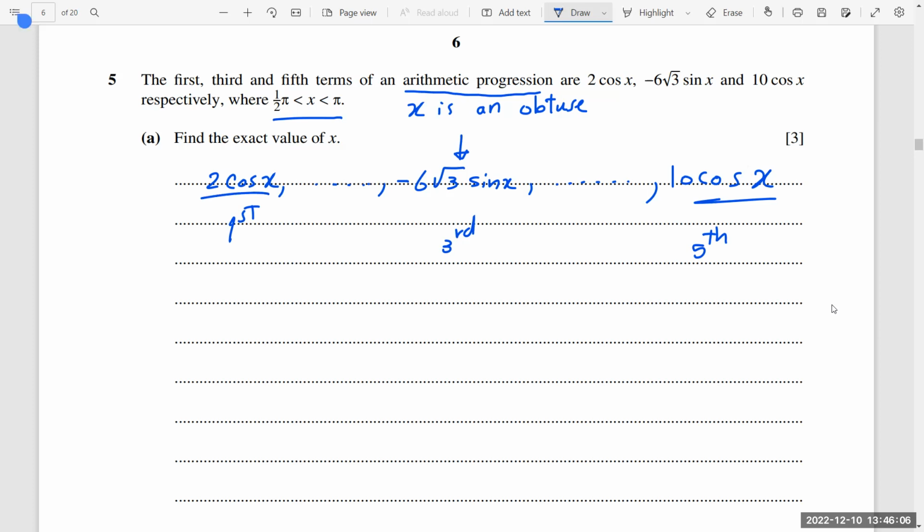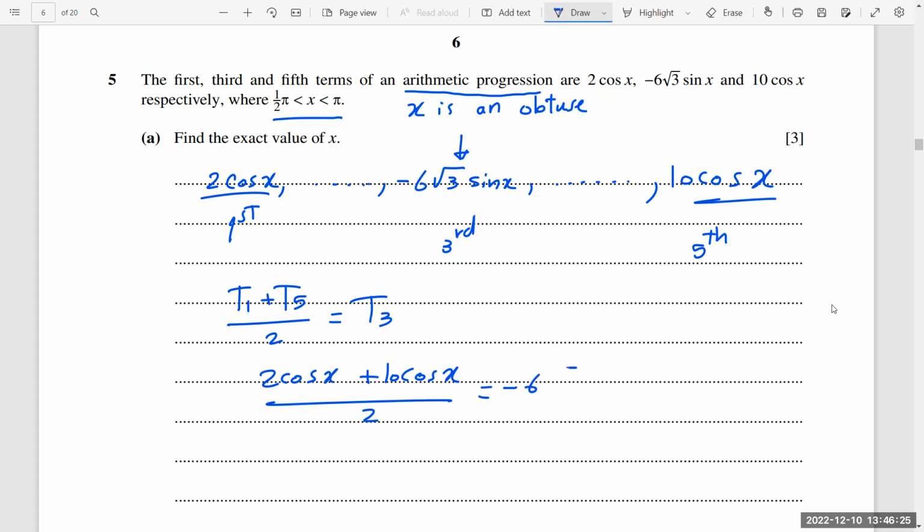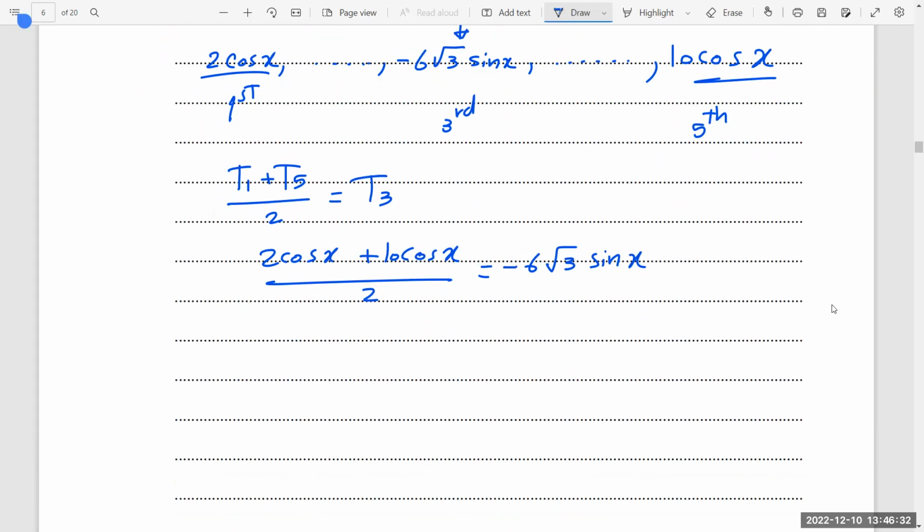The sum of term number 1 plus term number 5, over 2, will be term number 3, the average. So I have 2 cosine x plus 10 cosine x over 2 equals negative 6 radical 3 sine x. 2 plus 10 is 12 over 2, 6. So 6 cosine x equals negative 6 radical 3 sine x.